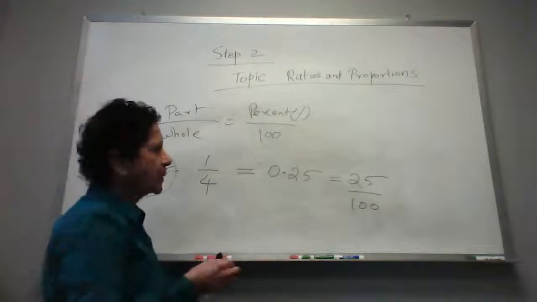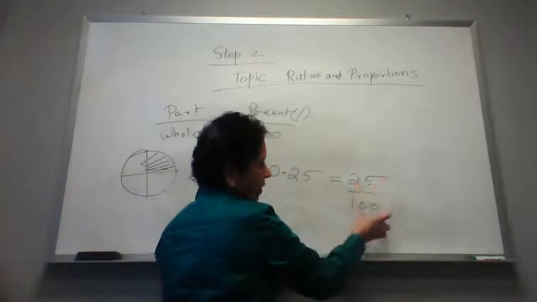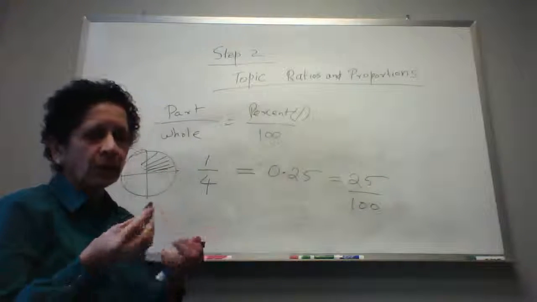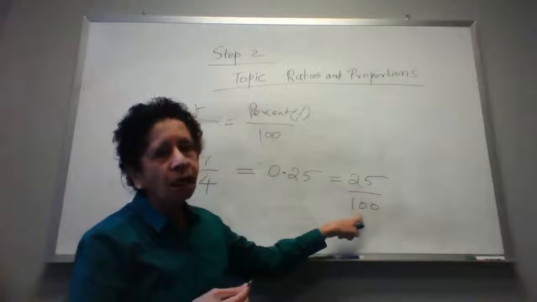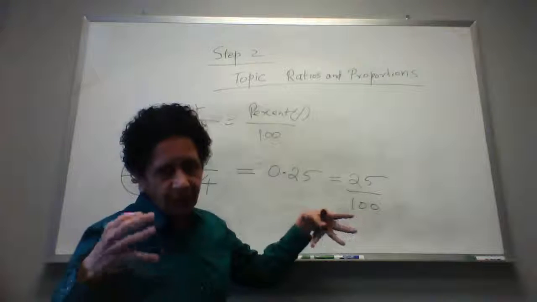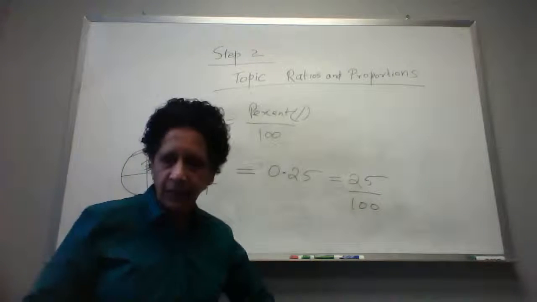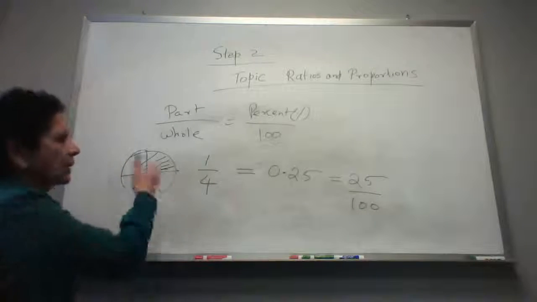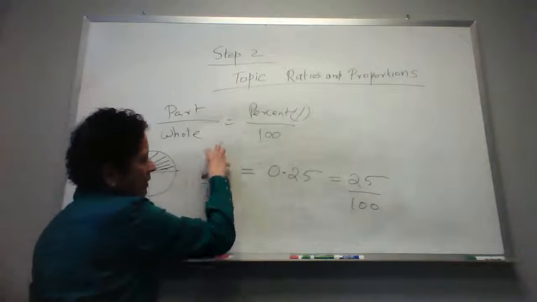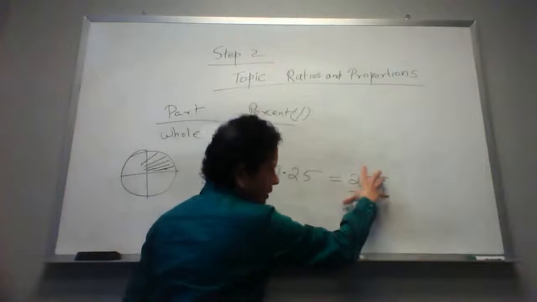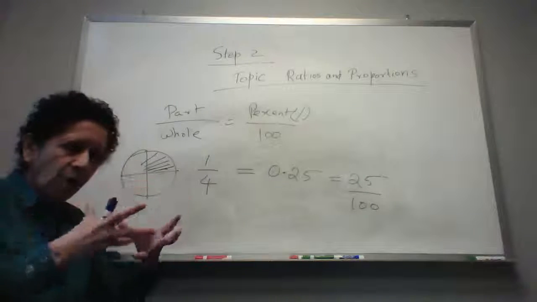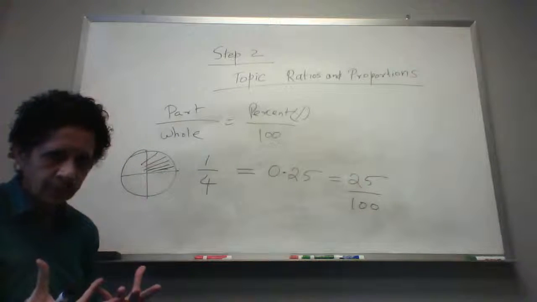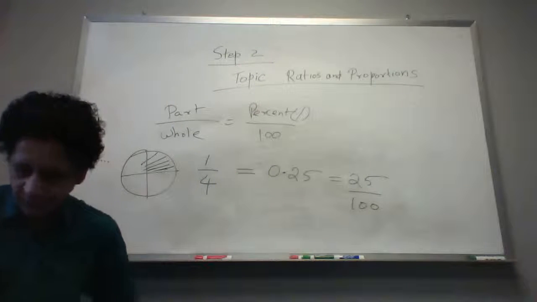Another way to say that is 25 out of 100. 100 cents is $1, and I have 25 cents out of 100 cents, right? So this is a fraction, this is a decimal, this is a percent. They all mean the same thing. We are expressing a part of a whole in 3 different ways, okay?